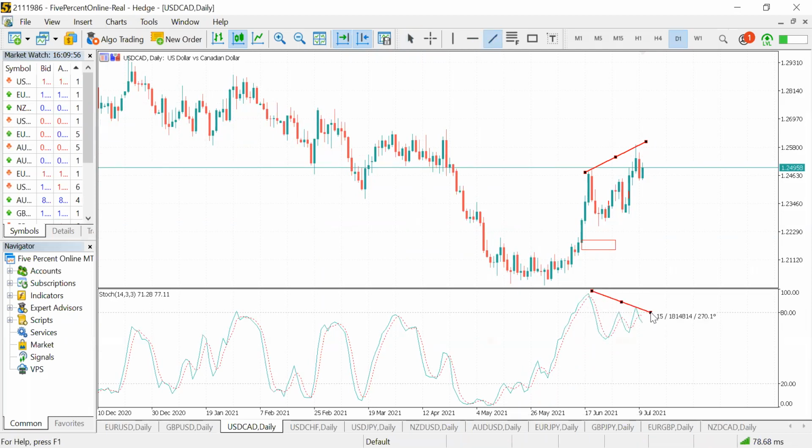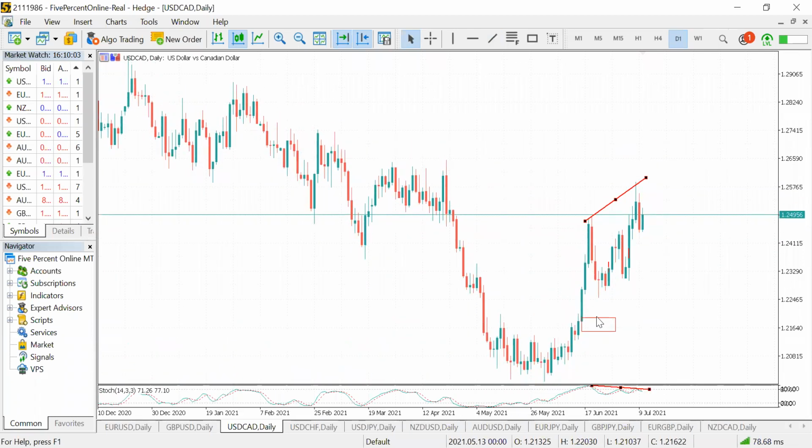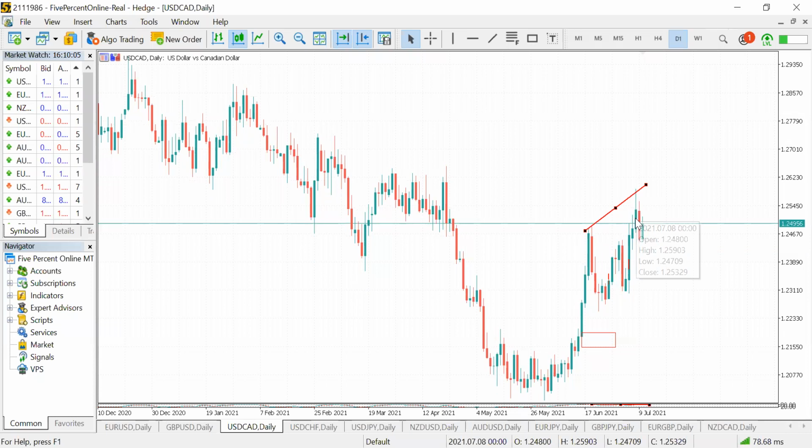You can see the divergence on the stochastic. That tends to push the market lower in this case, because this movement did create a higher high, but a very weak one. There wasn't a lot of follow through, a lot of momentum.